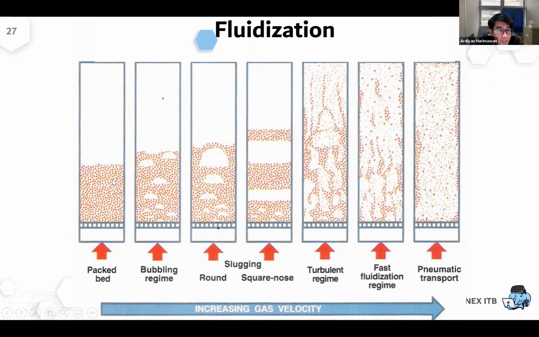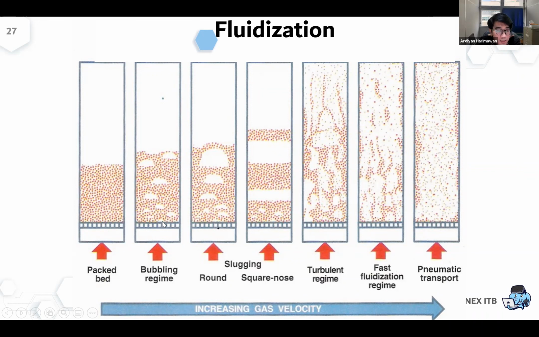The orange ones are the solid particles, and they have different behavior due to the different velocity of the gas flowing through the column. The right side means increasing gas velocity. When the gas velocity is quite low, the bed is not moving at all. It is called a packed bed.